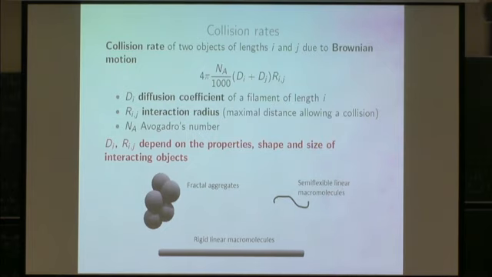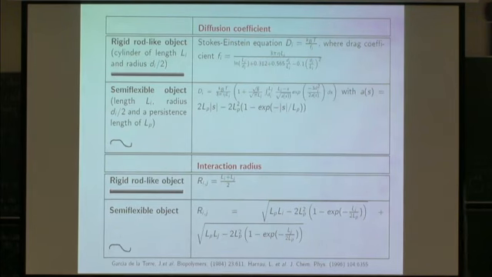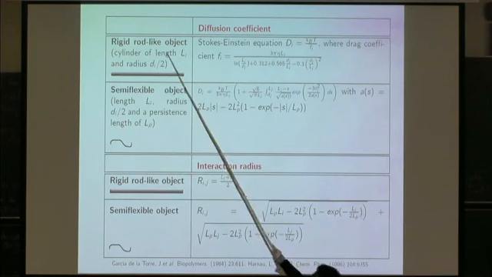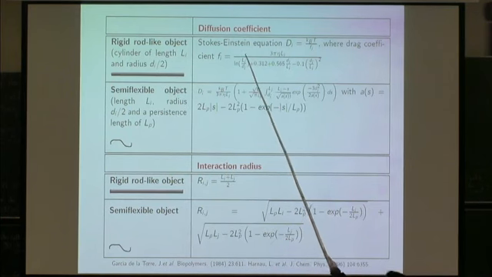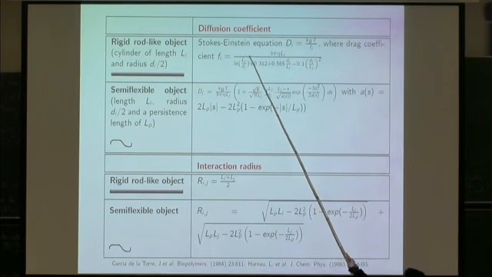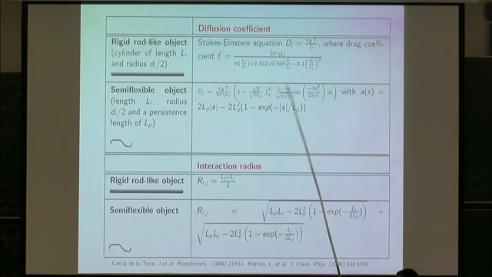Okay, for the expression of the diffusion, when I take a rigid description, I just use the Stokes-Einstein equation, and for the drag, I'm using the description of an elongated cylinder.